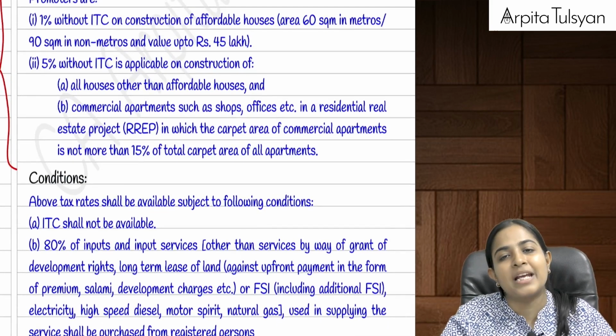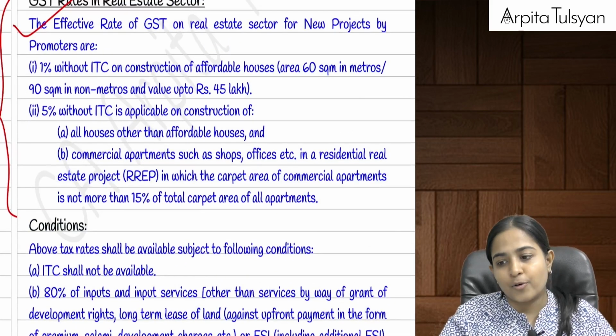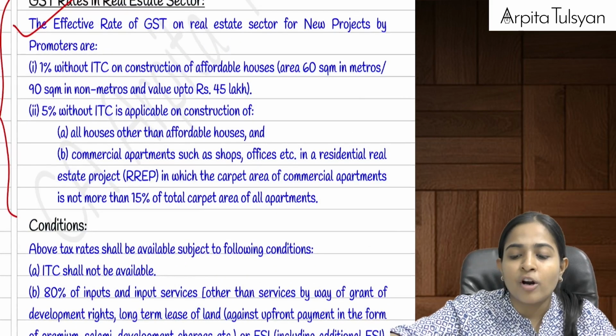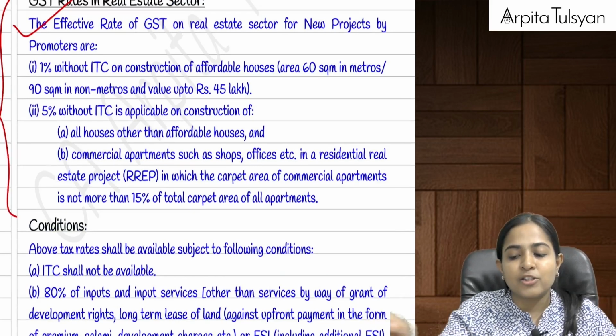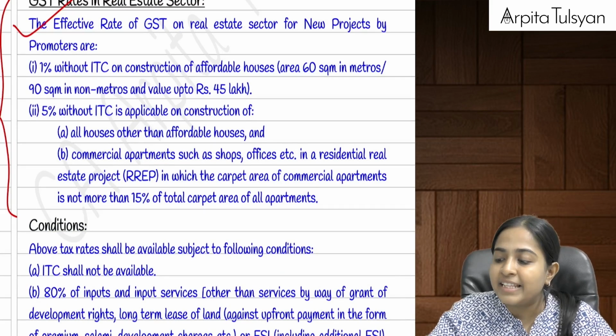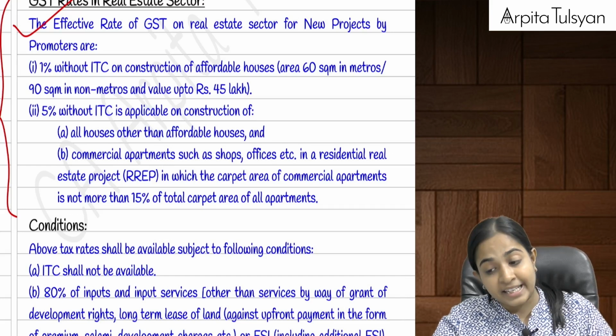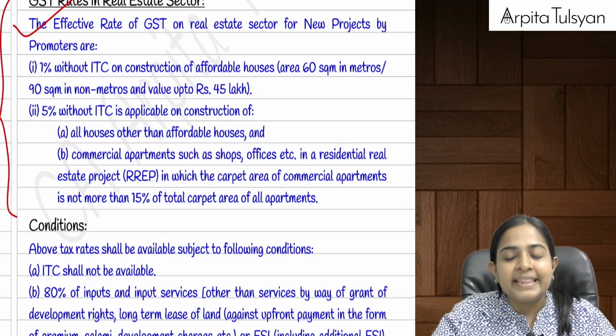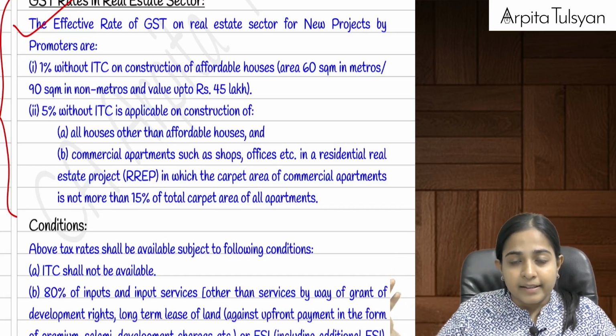This point is actually applicable only for the builders. For them, the government has said that whenever these builders in real estate come up with any new projects, GST will be payable.